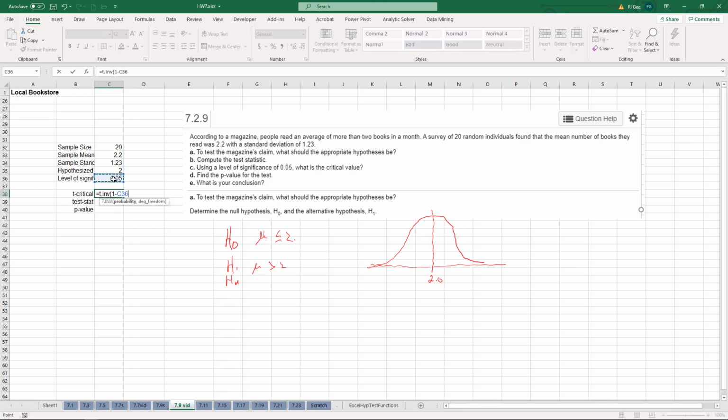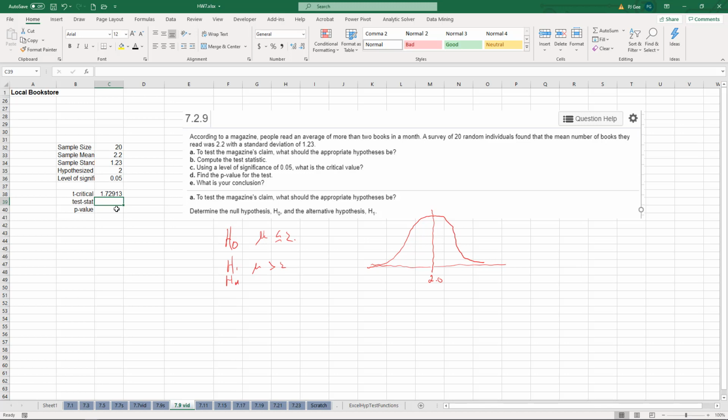We compute it to the right, so we need to go to the right side of the zero-centered T distribution. And different than the Z crit value, we also have to put in the sample size minus 1. So it's a little bit different.